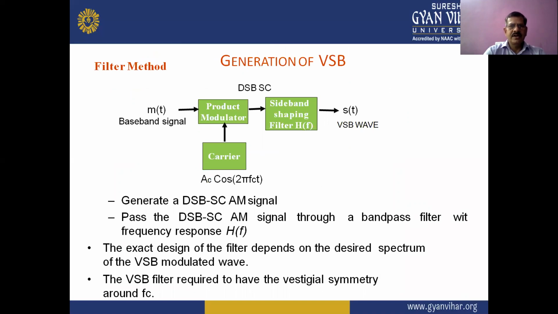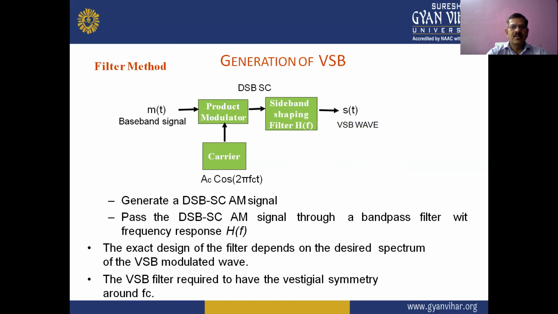So there are different methods of generation of VSB. The first one is the filter method. In this filter method, there is a baseband signal, and this baseband signal is applied to the product modulator, and a carrier signal Ac cos 2 pi fc t is also applied to the product modulator.